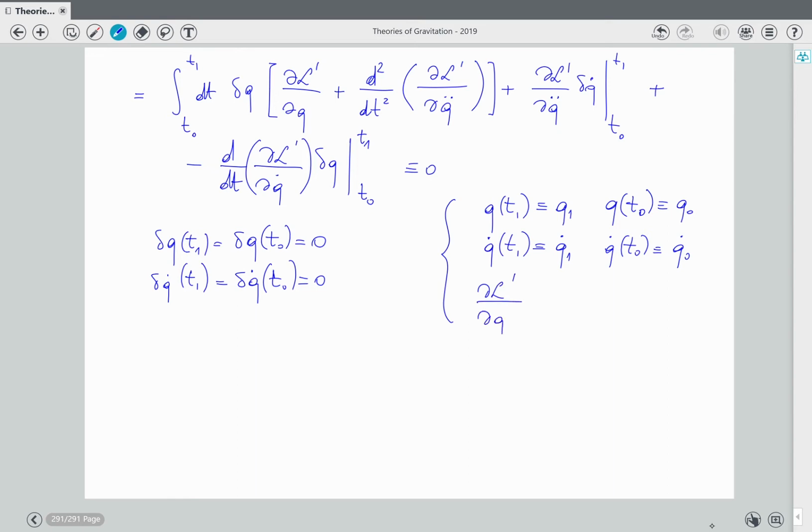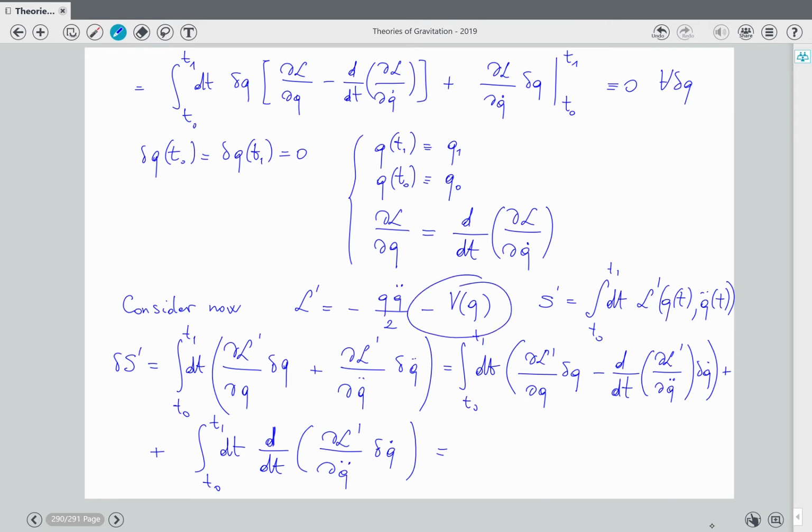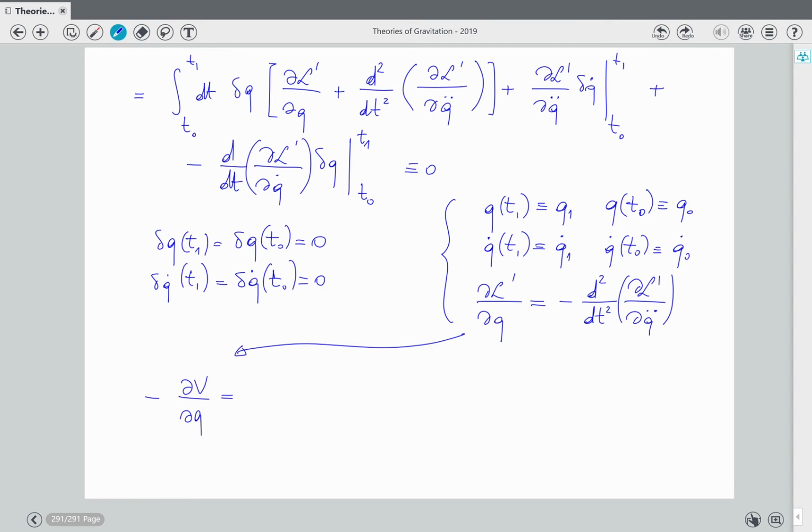And the equation d partial L prime partial Q is equal to minus d squared over dt squared of partial L prime partial Q dot dot. And we can check what this gives. Partial L prime divided by partial Q is equal to minus the gradient of the potential, because this is the Lagrangian, and the derivative with respect to Q dot dot is minus q over 2, minus q dot dot over 2.